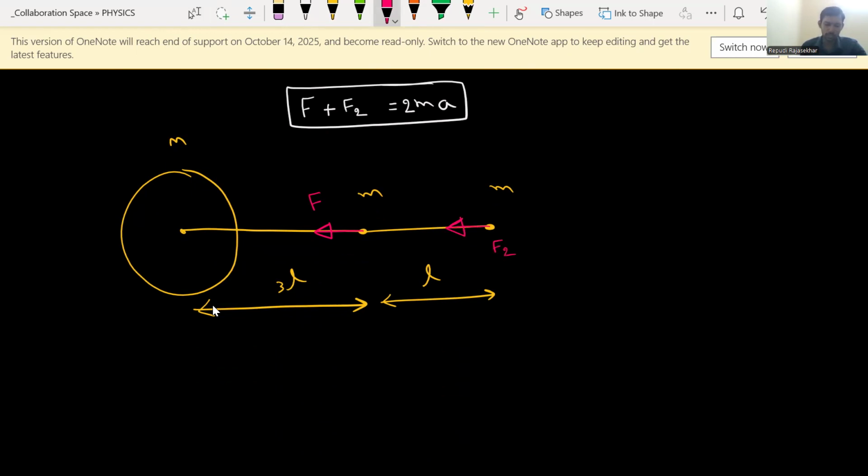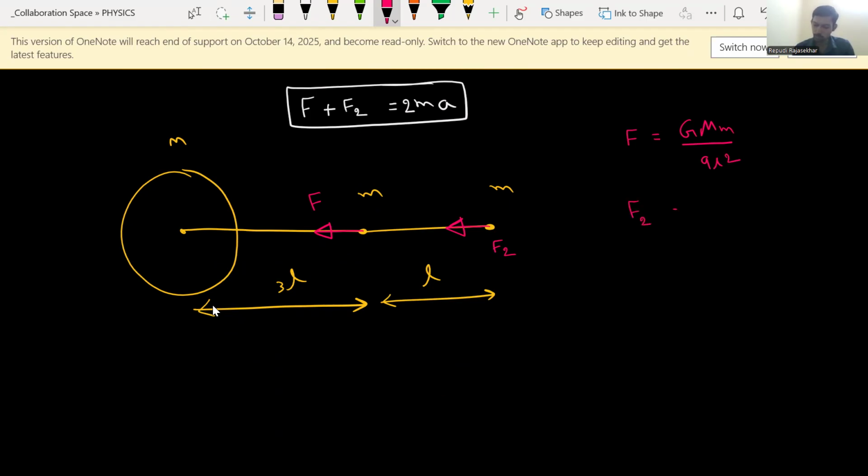Now write what the F equation and F2 equation are. First we applied Newton's laws, now Newton's law of gravitation. F equals G into capital M into small m divided by the distance between these two particles, 3L, 3L whole square, which is 9L square.